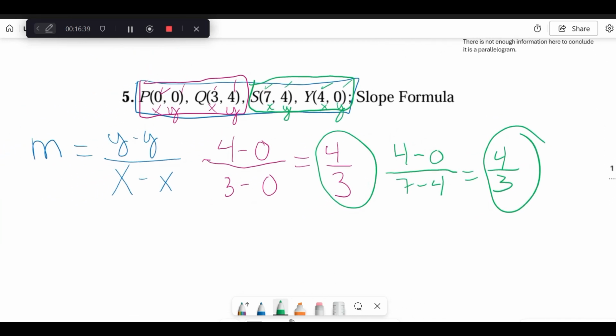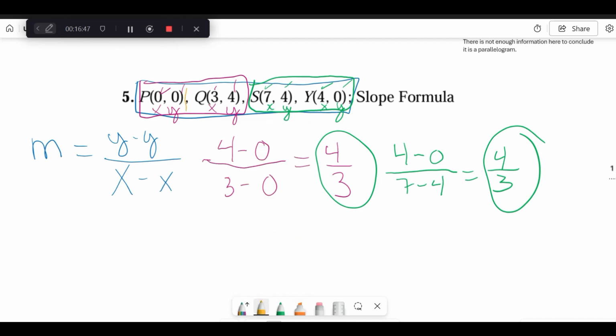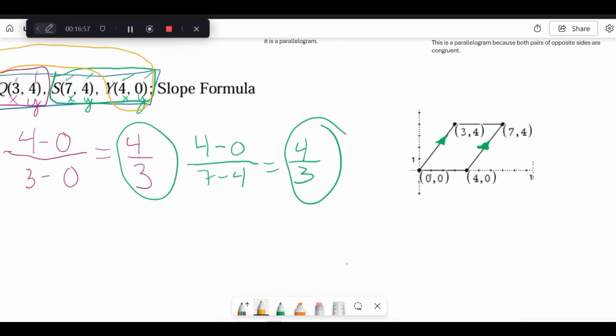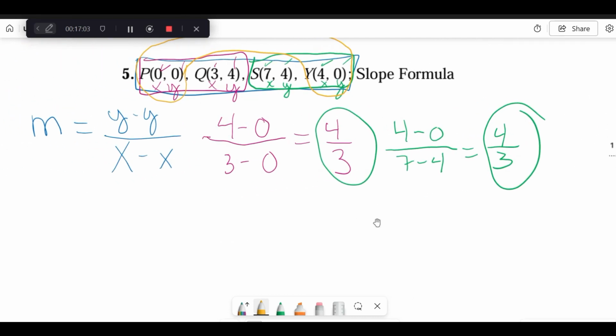Let me get the colors here right. Another color. So let me go with this orange color. If I were to say, okay, what about 4, 0, and 0, 0? That's these 2, okay? Which is this side over here, right? So what's the slope of that side? So again, we have x and y and x and y.